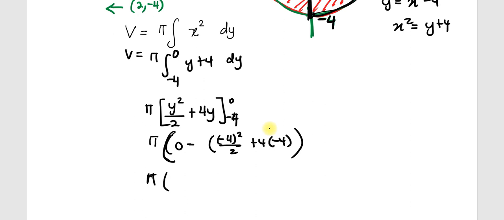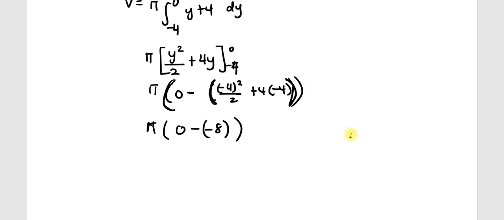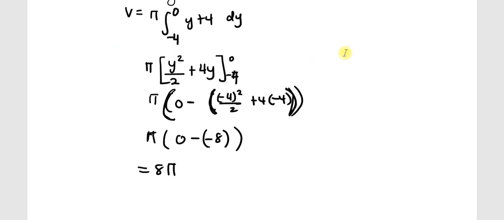Okay. So 0 minus this whole thing. Okay. You get negative 8. So what will you get? 8 pi, right? But that is just 1A, right?